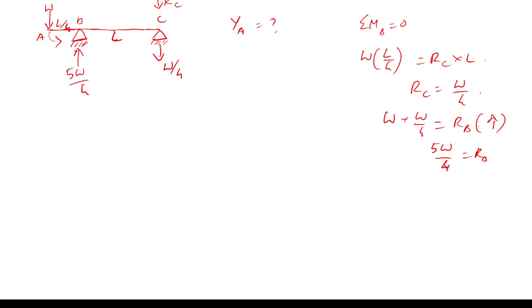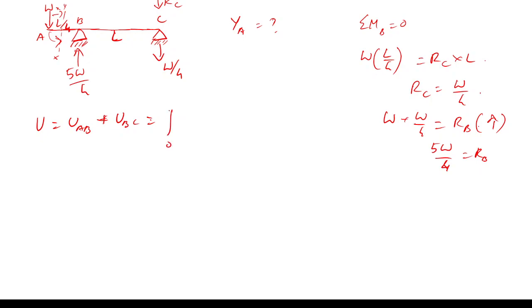Then after finding out the reactions, what should I do? Find the moment equation for two parts. So I will take U equals UAB plus UBC. If I take the bending moment equation from here at x, it will be minus W into x since it is anti-clockwise.